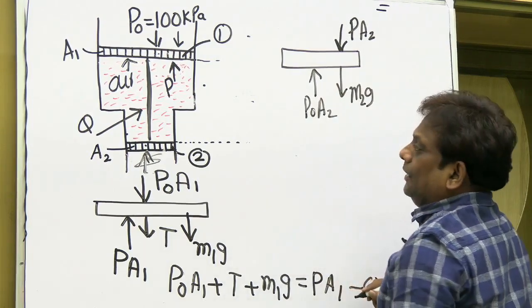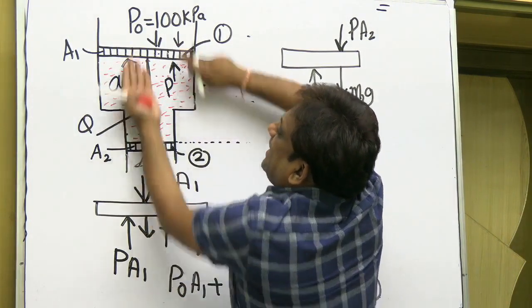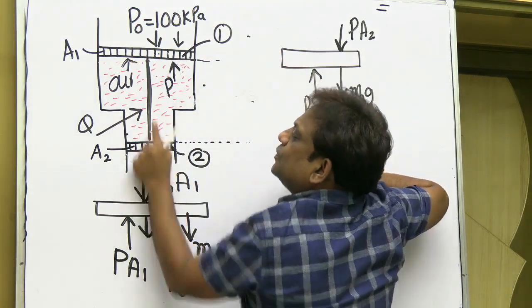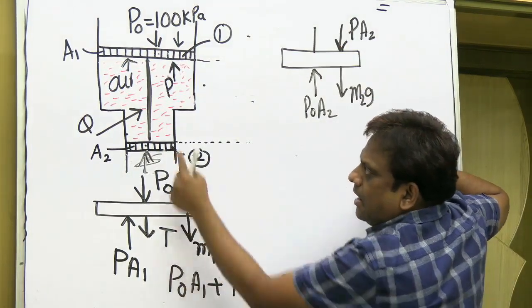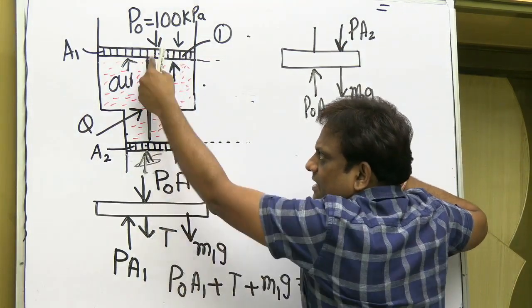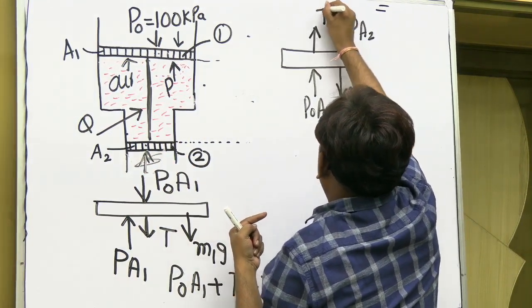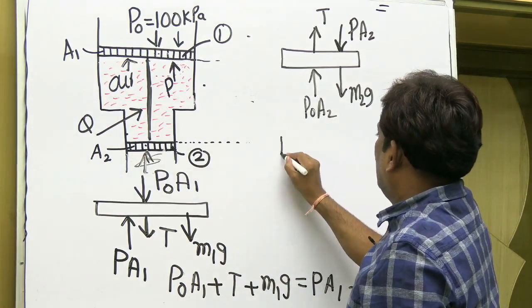Very good. And when you are heating, this gas pressure is pushing it up, so therefore on this piston the string will try to pull it up. So this is the free body diagram for this. Now let's see, sum of the upward is sum of the downward.